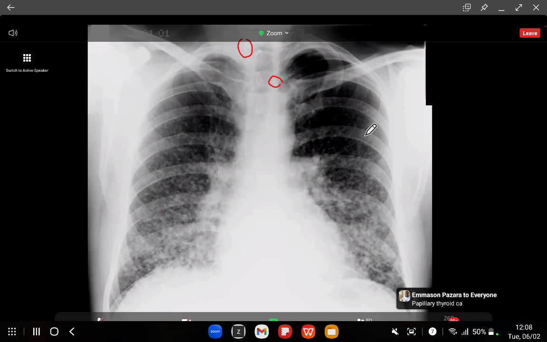So whenever you see lots and lots of lesions in the lung like this, tell the examiner you're looking for surgical clips or for a goiter, or you might want to look below the diaphragm for nephrectomy clips in the event that this is due to metastatic renal cell cancer.